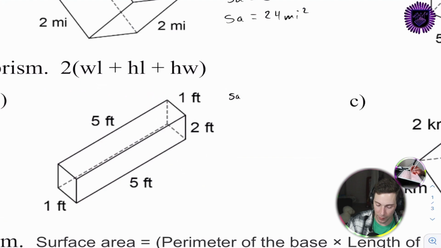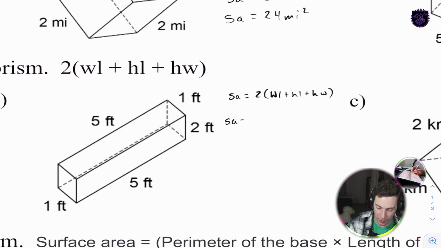Surface area will be equal to 2 times length times width, plus height times length, plus height times width.